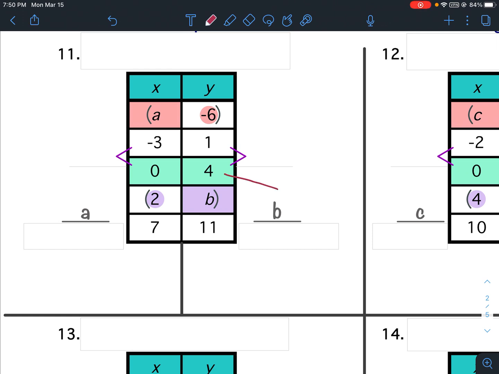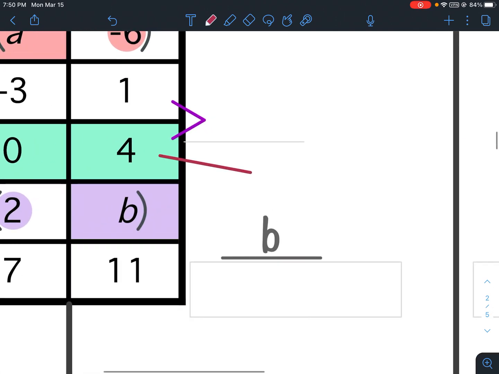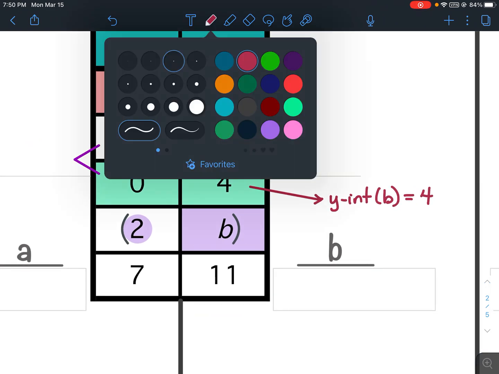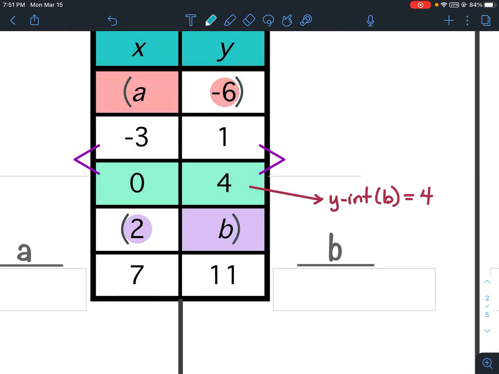Well, the y-intercept is the value of y when x is 0. Right here, I've got x is 0, y is 4. So that means my y-intercept, or b, equals 4. Now we find the slope.